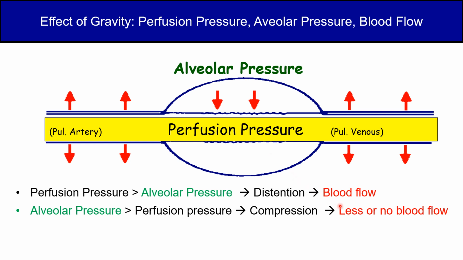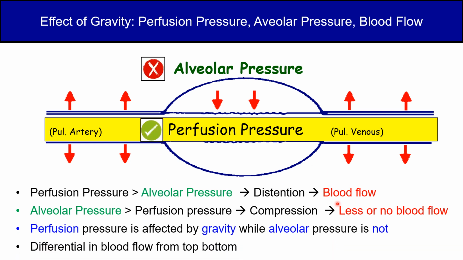If it is totally collapsed, there will be no blood flow. Now, the problem is that the perfusion pressure is affected by gravity, while the alveolar pressure is not. Because of this, there will be a differential in blood flow from top to bottom of the lungs.